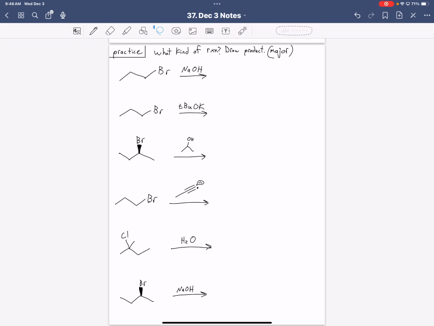It's strong. It's also a strong base and strong nucleophile, which is going to be... I don't know. I think it has a name to it. But I think it's strong.